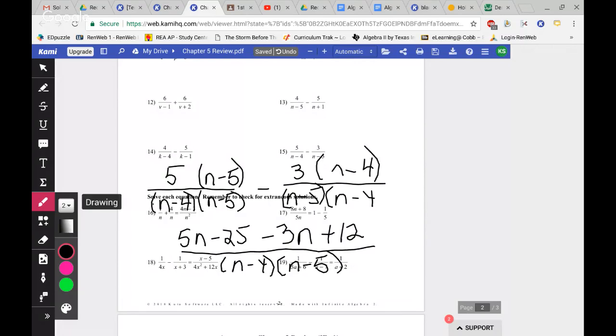And now you'll combine like terms. 5n minus 3n gives you 2n. And then -25 plus 12 gives me a -13 all over that big denominator. And that is your final answer for number 15.